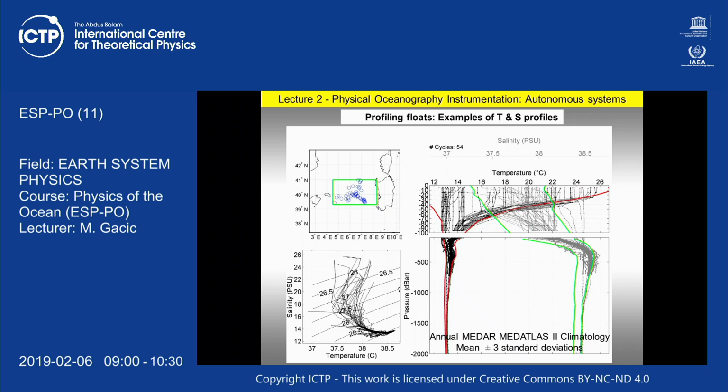The TS diagram shows the dependence of temperature on salinity, and you can see here lines of equal density, isopycnal lines, and all these things have been obtained from a number of measurements by floats in this area between Sicily and the Majorca island in Spain. Or Sardinia, sorry, not Sicily.